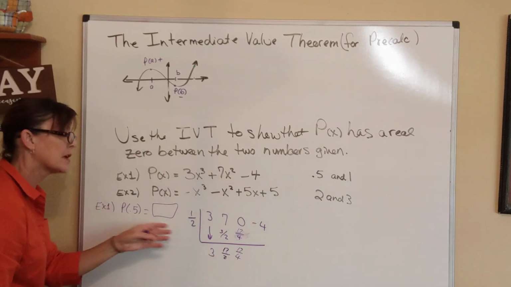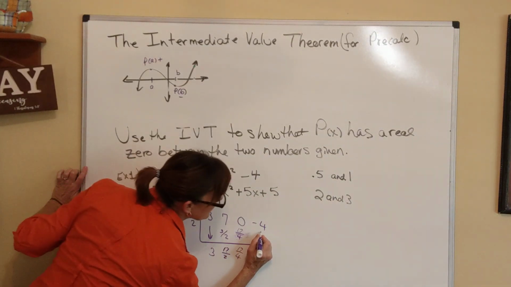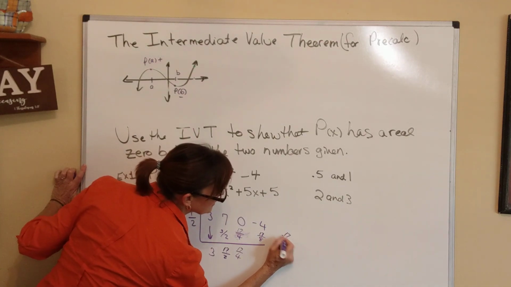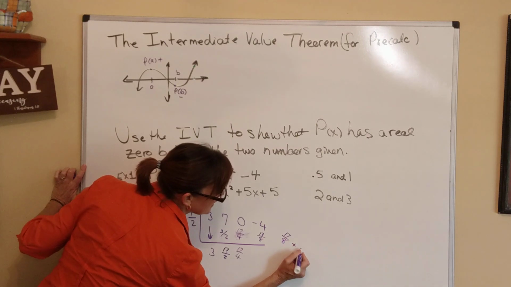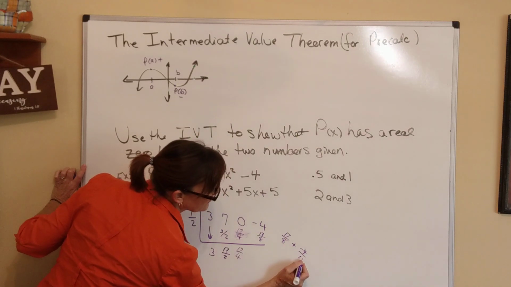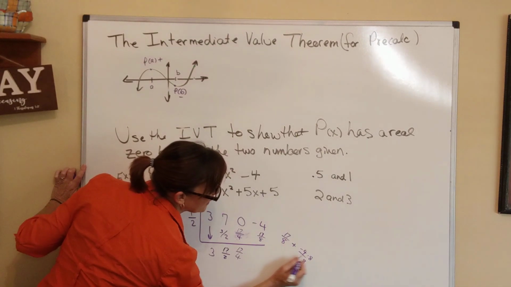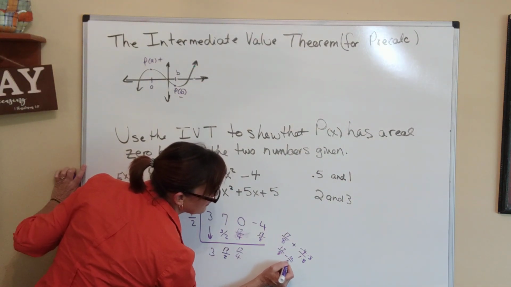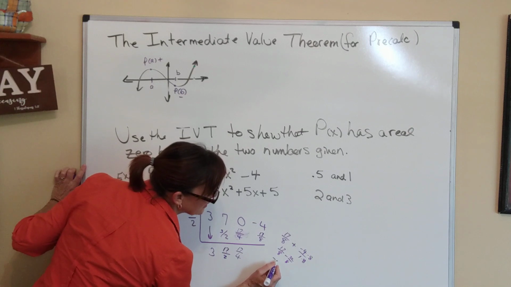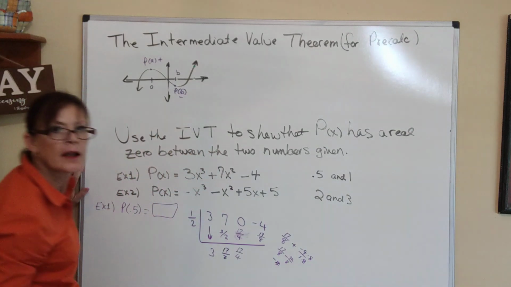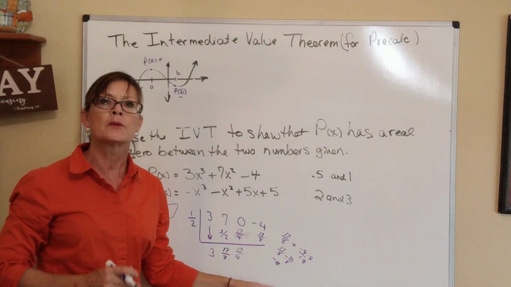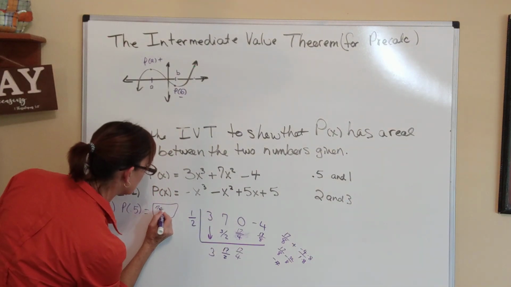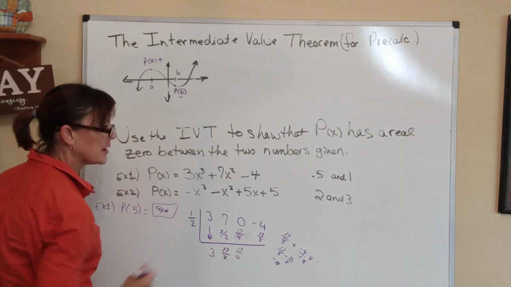And 17 over 4 times 1/2 is going to be 17 over 8. So I'm adding 17 over 8 plus a negative 4 over 1. If I say times 8, I get 17 over 8 minus 32 over 8. And so it's going to be a negative number. I don't care if you use your calculator, but it's a negative number. That's what we concluded. You can figure out exactly what it is.